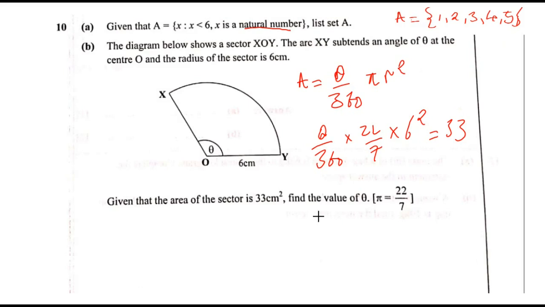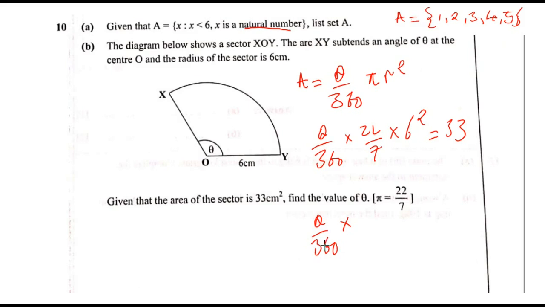Here we can calculate this: theta over 360 times 22/7 times 6 squared. Now 6 squared is 36.